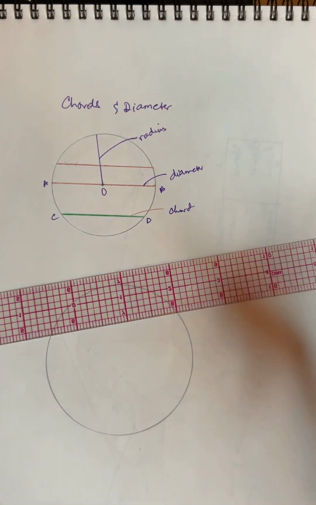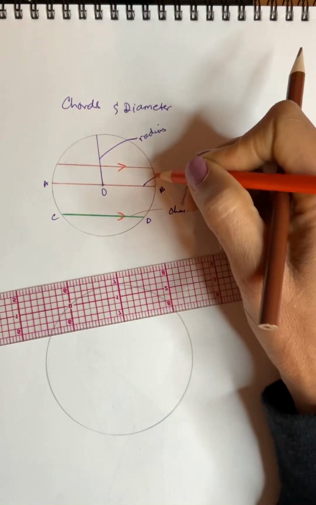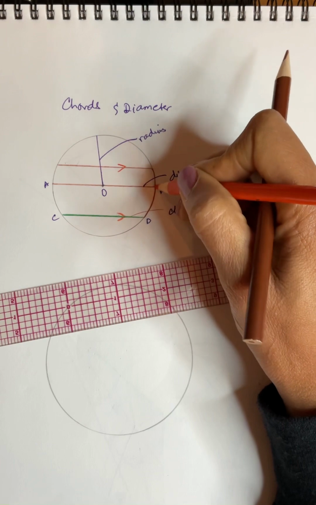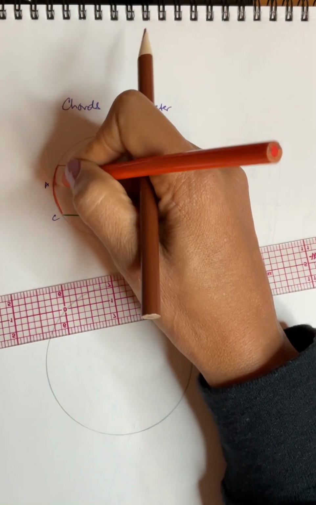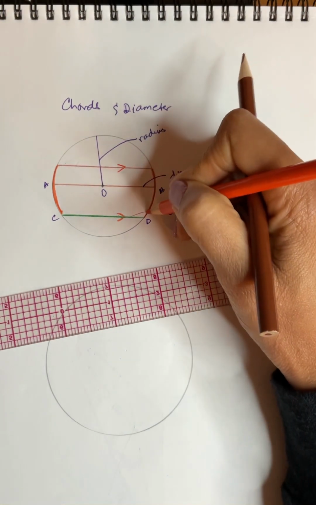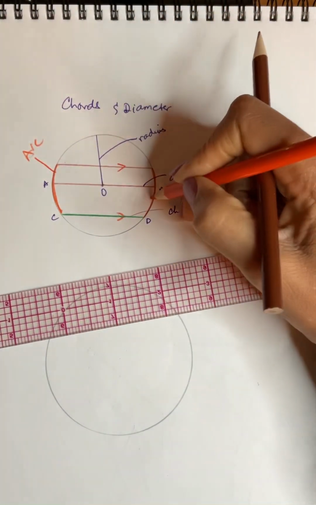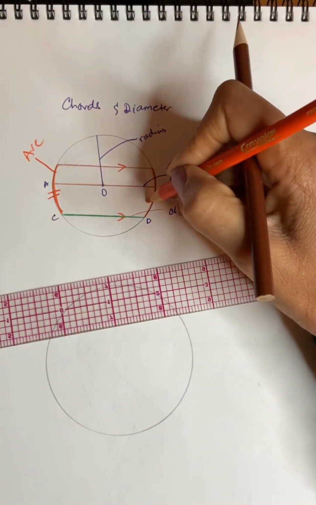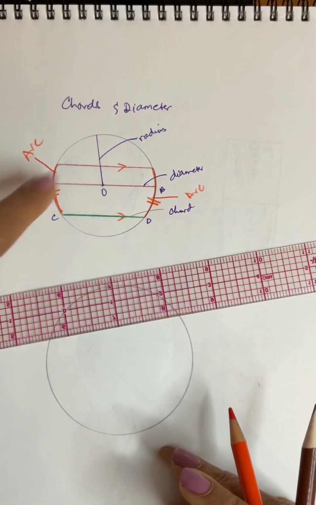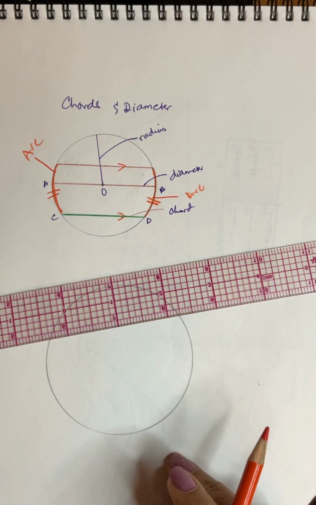If two chords are parallel to each other, then the arcs between them are going to be congruent. So this is an arc, and this is an arc, and they're going to be congruent if the chords are parallel to each other.